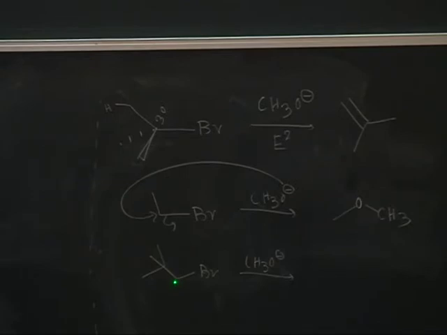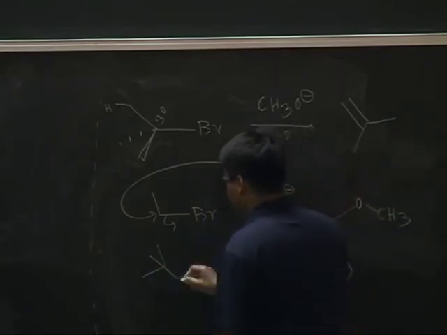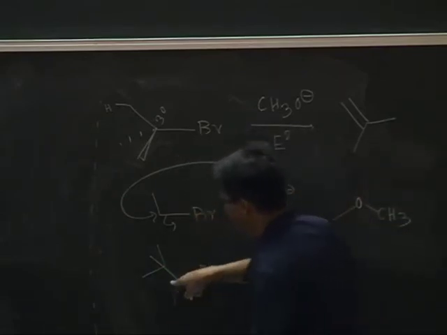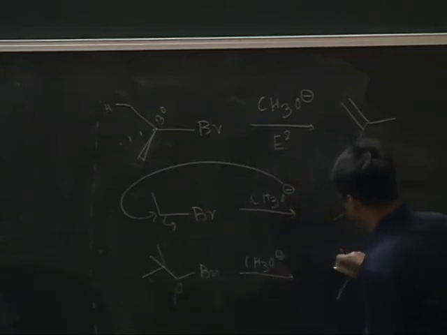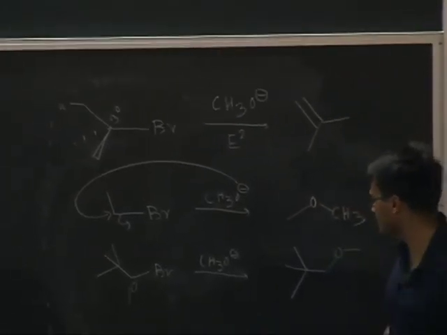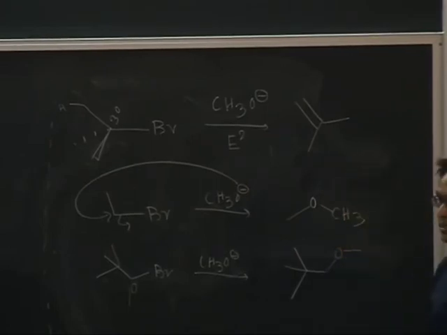It's primary at that center, therefore substitution, and also no elimination because there is no beta proton. So when I say primary, secondary, tertiary, I mean the alpha carbon. Not here, not here. Get this first point?